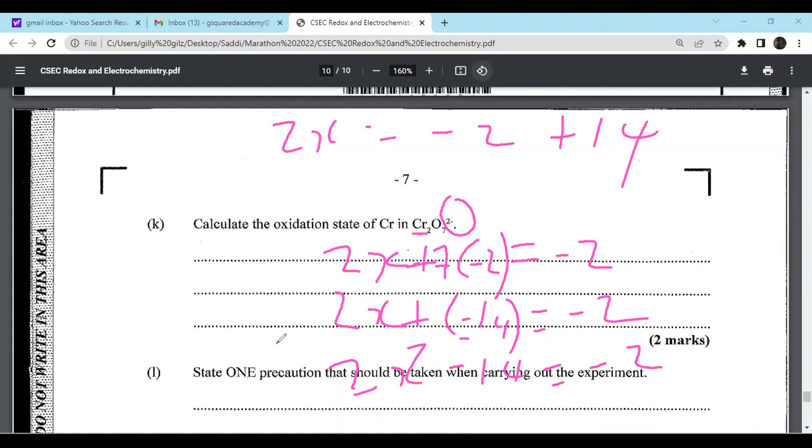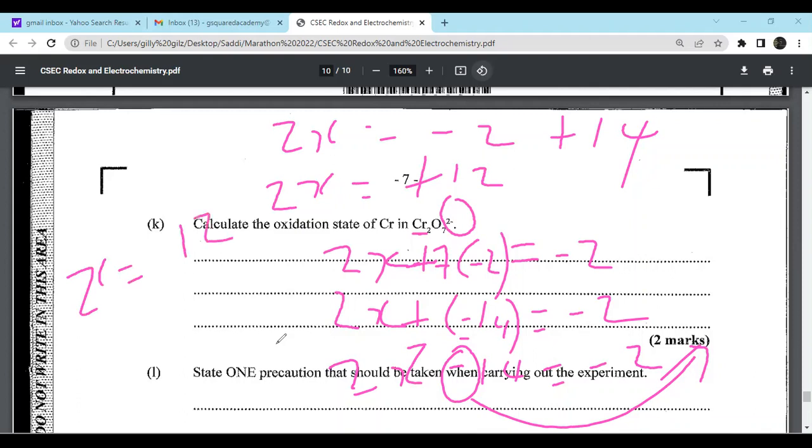In math, when you carry a minus from one side to the other, it becomes positive. So 2x is equal to -2 plus 14, which is equal to plus 12. You need to find x, so x is equal to 12 divided by 2. X is equal to plus 6.